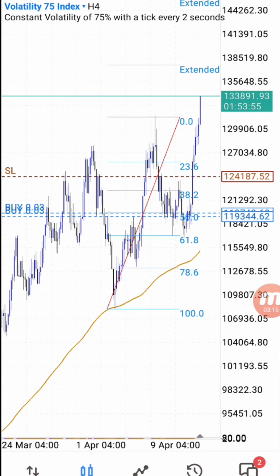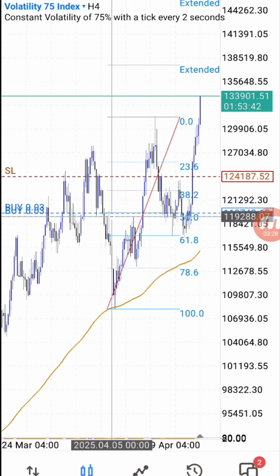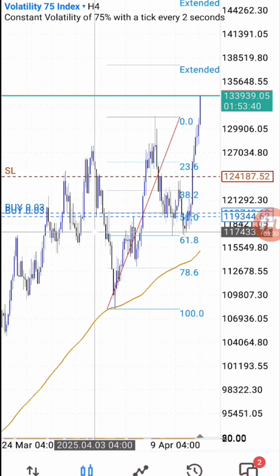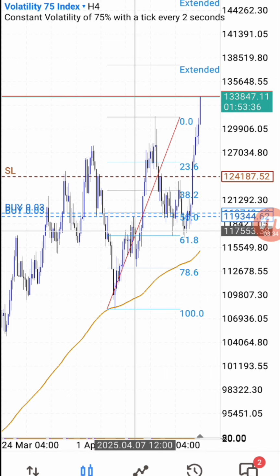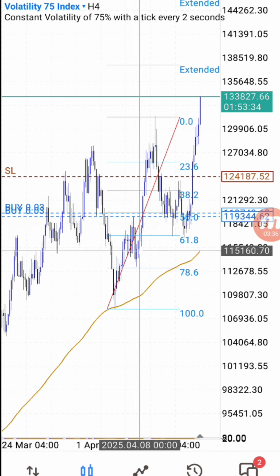Now, there are other things you need to look out for. If you look to your left, you're going to see that this place was a verified support. Before, a resistance, but now a support. How do I know? If I bring out my cross, look at this point. The whole of this place was a resistance.